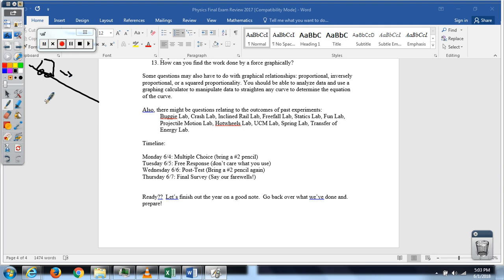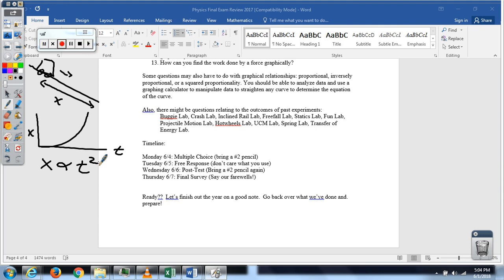So when we graphed the x position over time, we found this parabola. So we suggested that x was proportional to t squared. When the position is proportional to the time squared, that implies a constant acceleration.